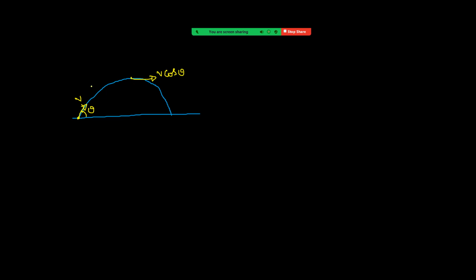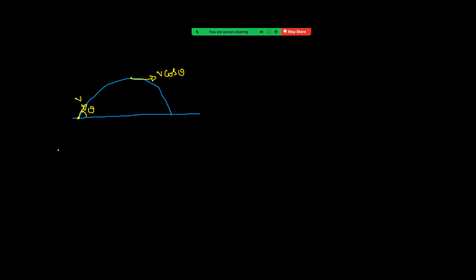If you observe along the horizontal, there is no net force. Gravity is only vertically downwards. There is no force along the horizontal direction. That means we can conserve momentum along the horizontal. So here we consider just before explosion and just after explosion.